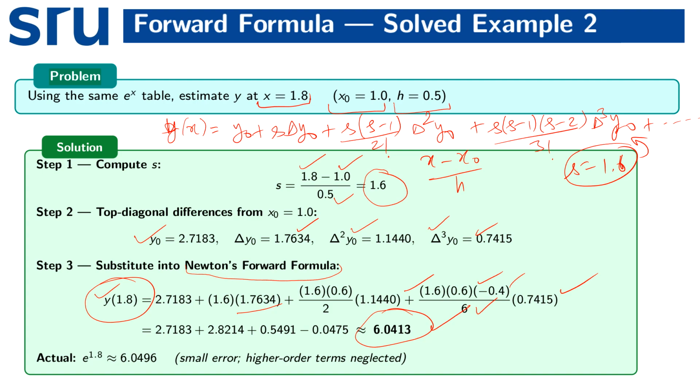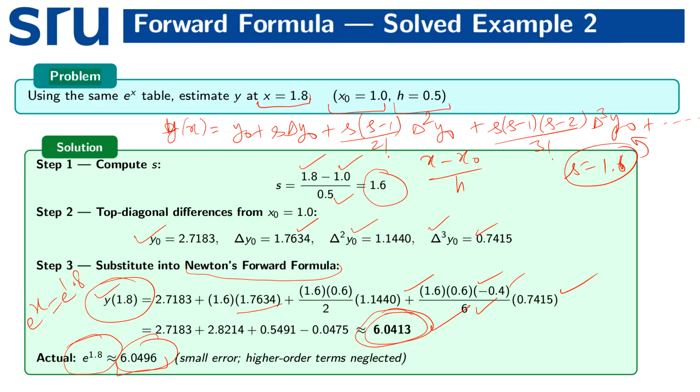Now, if you calculate the exact value of the function e raised power x, if you put e raised power 1.8, then the value becomes 6.0496. So this value is close to the exact value, right?